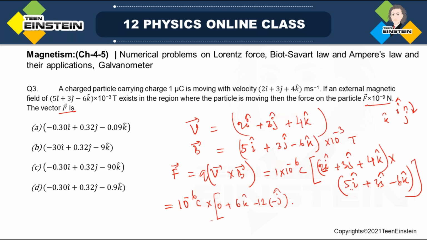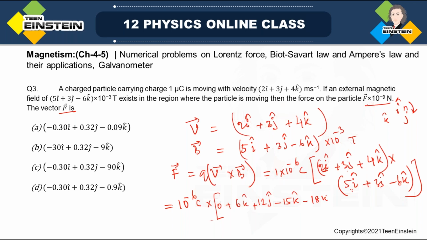So 3 terms gone. Like that, I'll write directly here also. It will be plus 12 j. Now this with this, j i is minus k. So 15 minus k cap. j j will give you 0 and j k will give you a positive number.